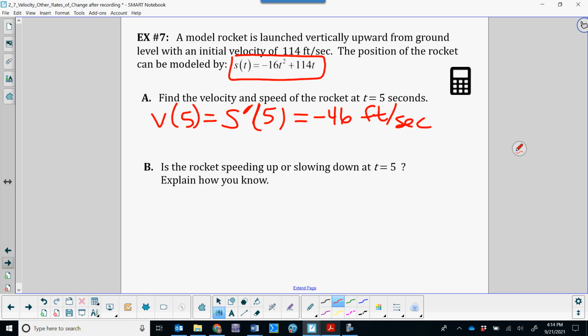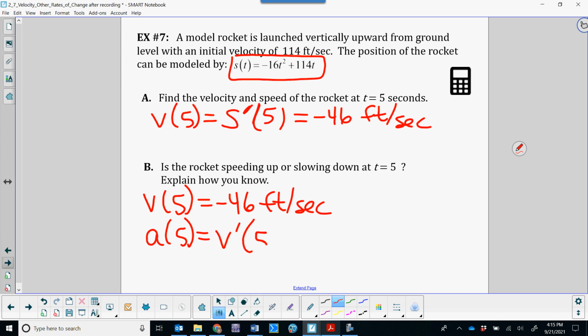Part B: is the rocket speeding up or slowing down at t equals 5? The only way we're going to know that is to compare the velocity and the acceleration. We know that the velocity at 5 seconds is negative 46 feet per second. We just found it. So what we want to do is find the acceleration at 5 seconds, which is v prime at 5 seconds, because again, you're telling somebody you're relating that to velocity.